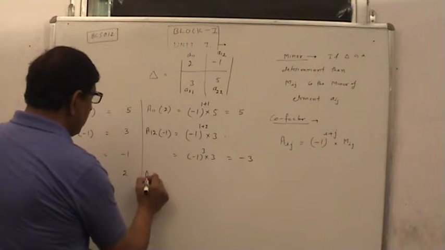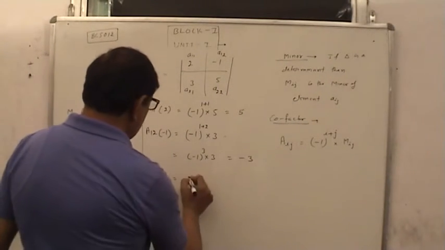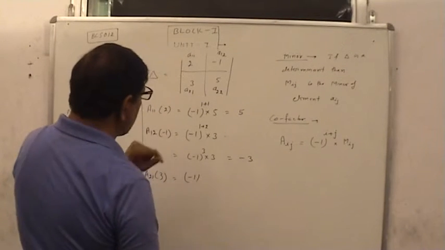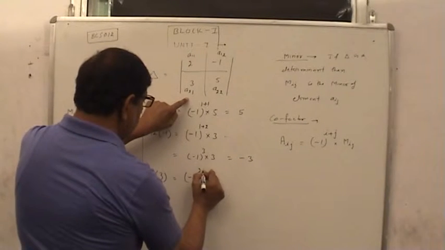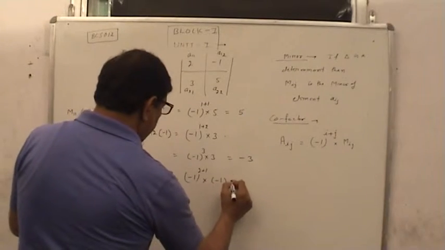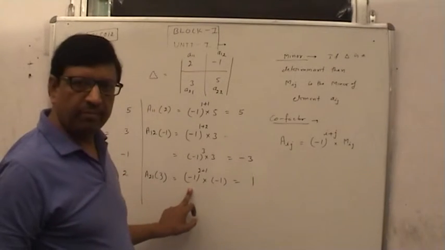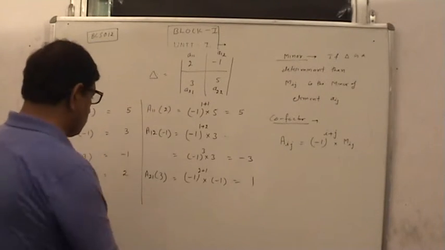Then A21, element is 3. Here the rule is -1 raised to the power 2 plus 1 into its minor. Minor is -1, and that is equal to +1. -1 raised to the power 3 is -1, minus into minus, that is +1.